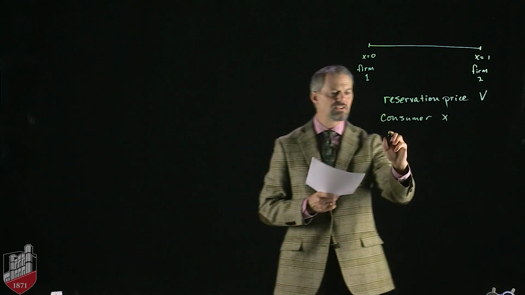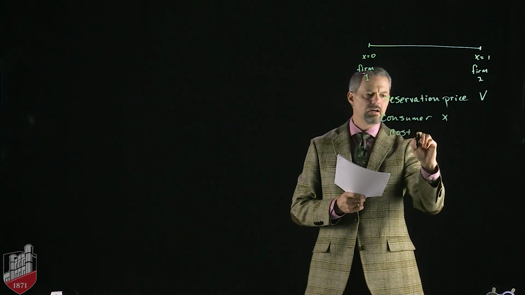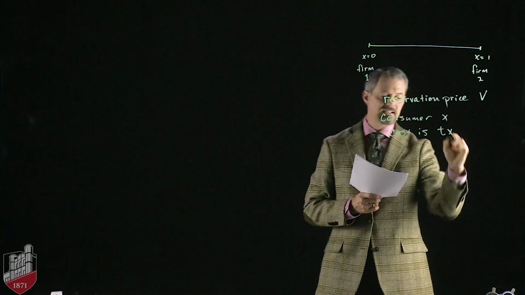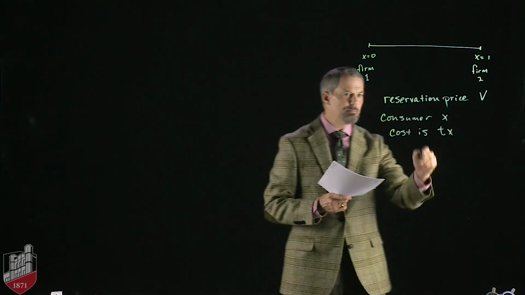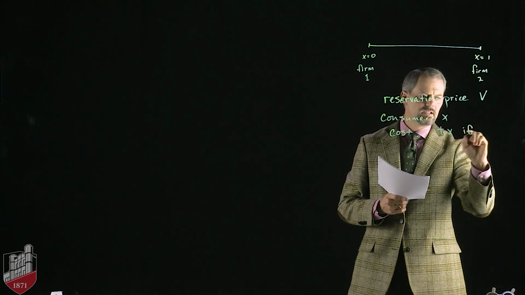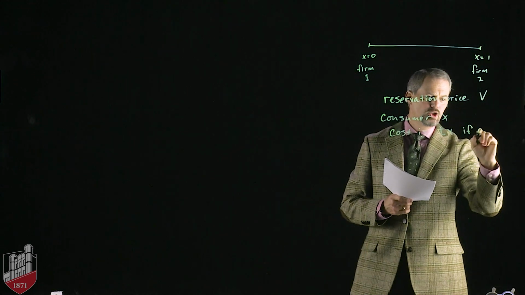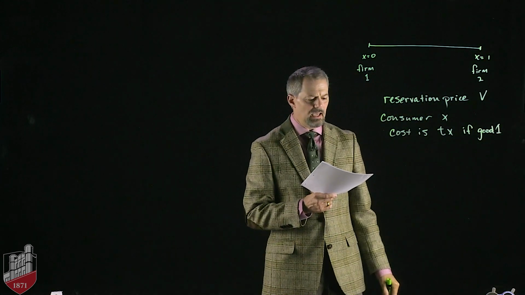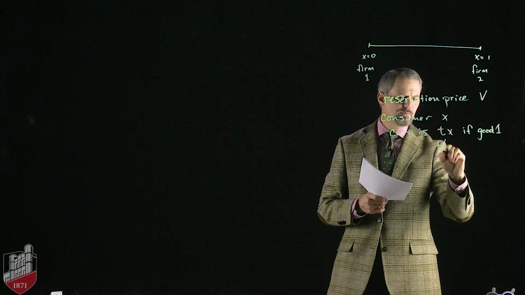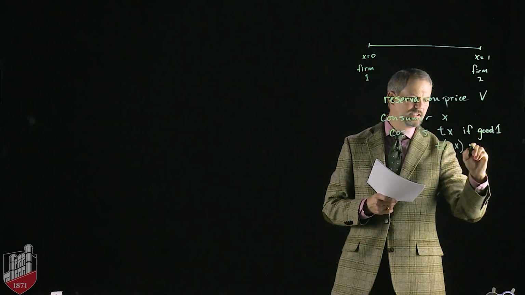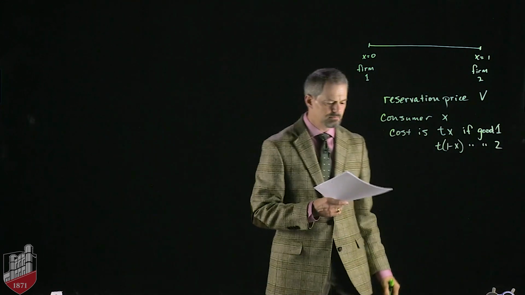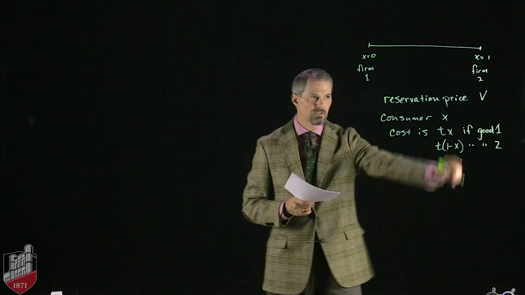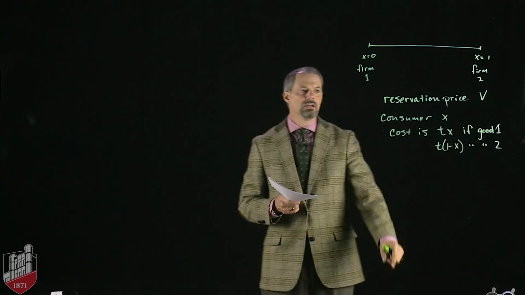The cost is going to be TX if they buy from firm 1, if good 1 is the one that they purchase. And it's going to be T times 1 minus X if they buy good 2, from down here.